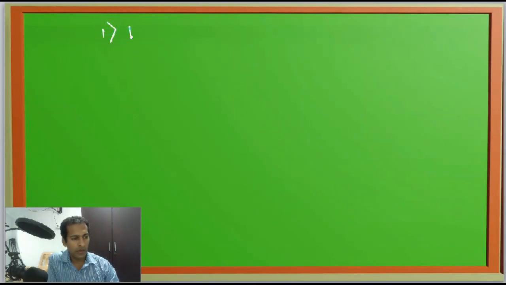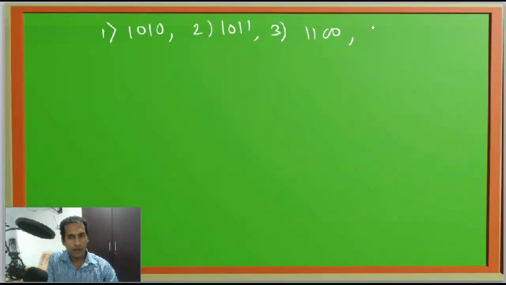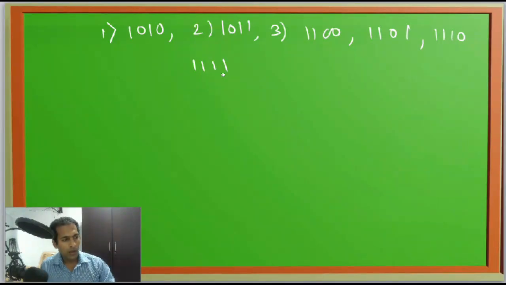Number 1, 1010, then number 2, 1011, number 3, 1100, then 1101, 1110, 1111. Like that there are 6 illegal combinations we have to remember. That is one disadvantage. That means they are not part of the 8421 code.